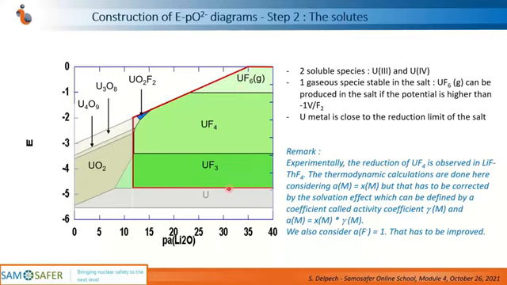Uranium metal is very close to the limit of reduction of thorium. We also have two very small domains of stability, of oxide, oxyfluoride, and the oxide U3O8.